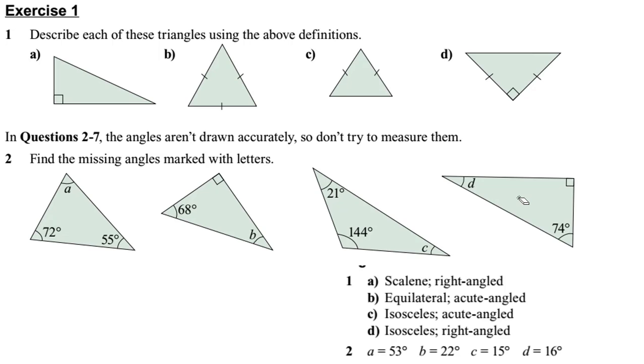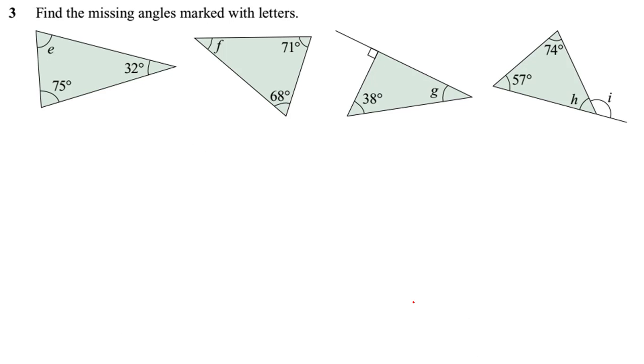So hope you've done that. Question 1 is the description of what the angles are, what the triangles are, and this section 2 is basically just finding the missing angle. So we're just going to move on. Pause the video again and have a go at question 3, E, F, G, and H.